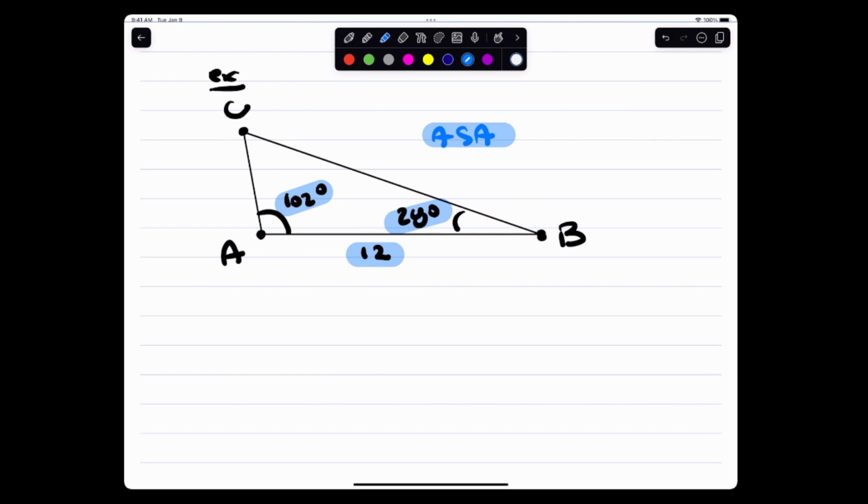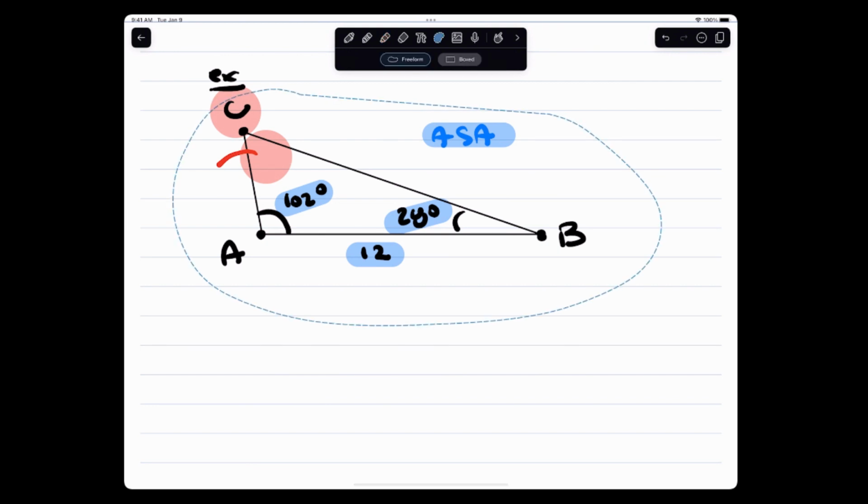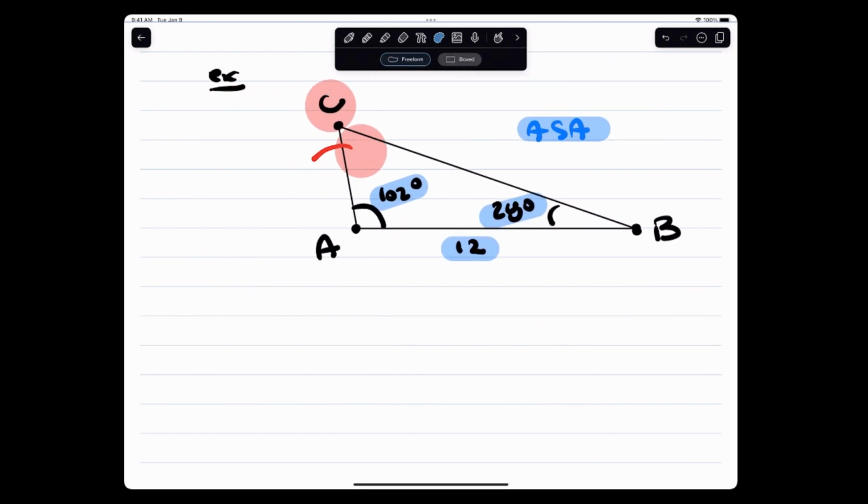Okay, now, since you have angle, side, angle, can I ask you guys a question? What do you always do first? Always find the missing angle. And that's going to be angle C. You guys okay with that? All right. How do you find that angle? It's very easy. Take 180 and subtract 102 and subtract 28.